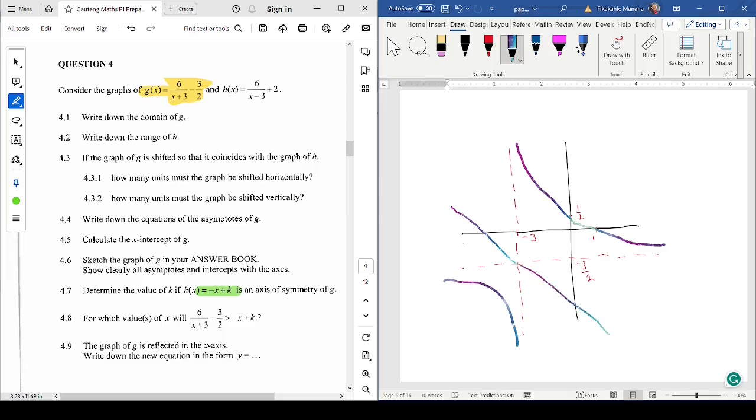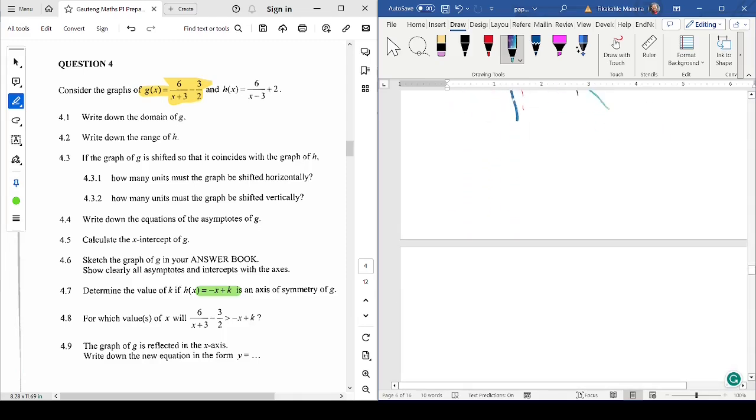And it's this graph that we are looking for. Now, the point that it passes is the point of intersection, which has the coordinates -3 and -3/2.